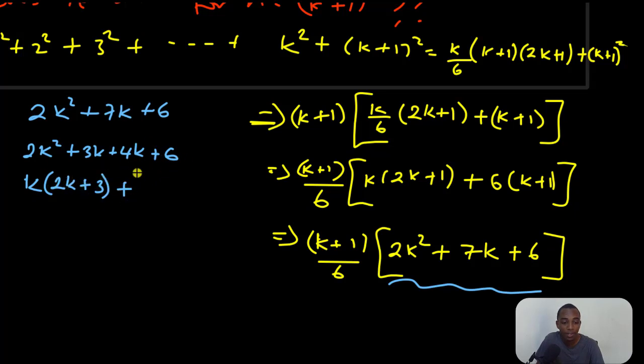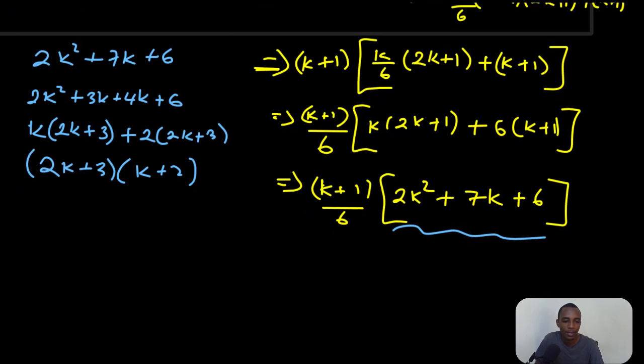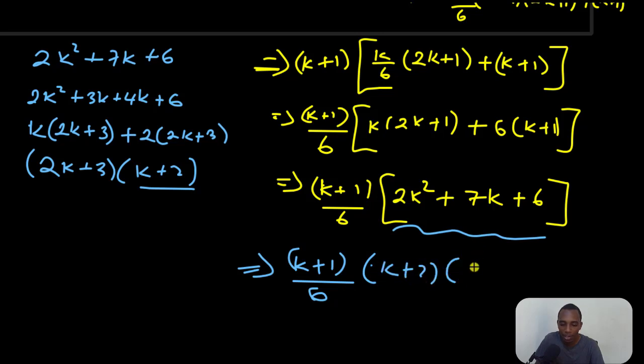I can factorize out 2 from here, so I have 2 into 2k plus 3. I factorize out 2k plus 3, so I have k plus 2 here. Let's now write it here: k plus 1 divided by 6 into k plus 2 into 2k plus 3.